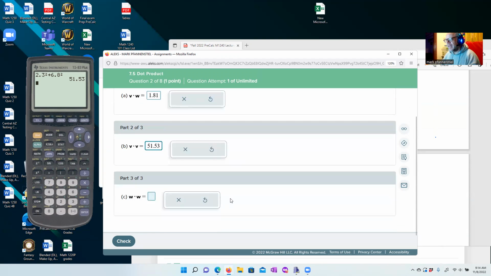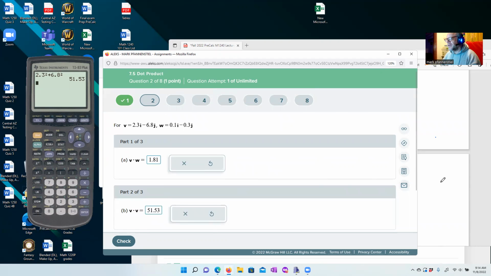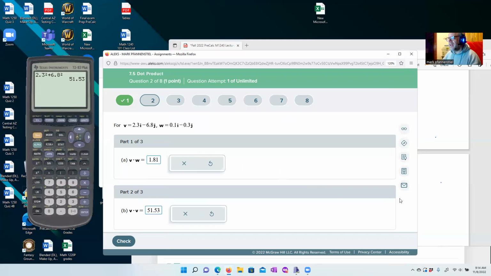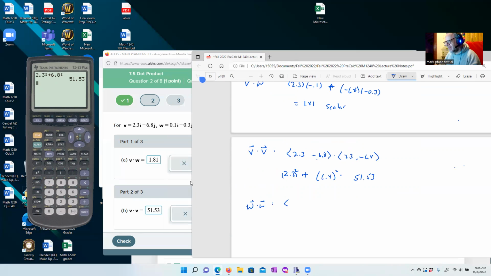And then W dot W, it's not too bad either. We're going to have 0.1 and negative 0.3.